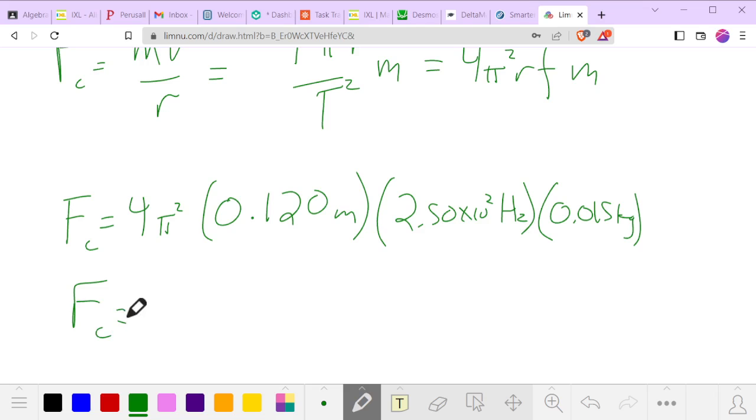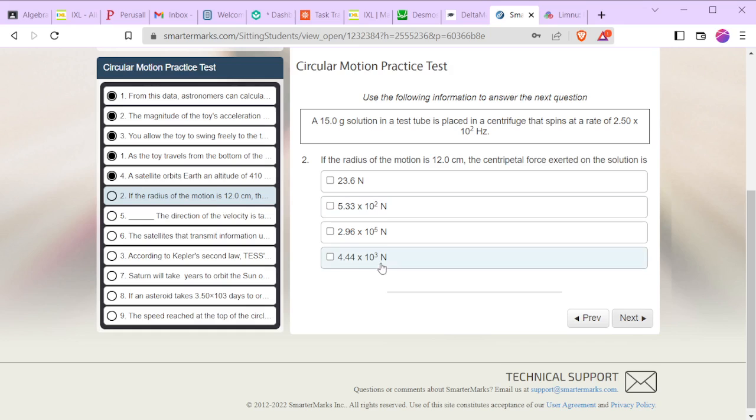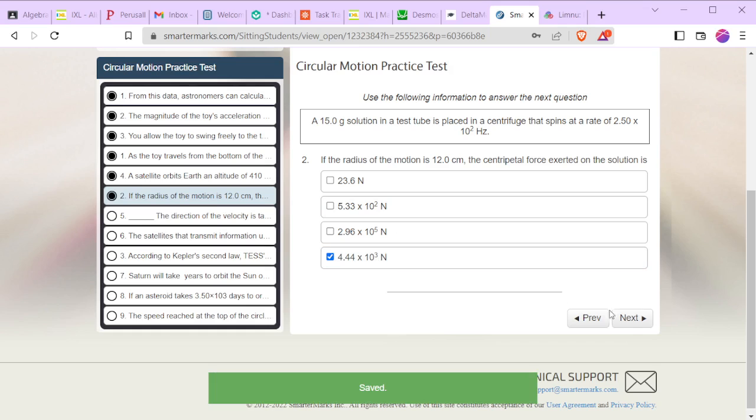So 4 pi squared times 0.12, and that's going to be 250. Oh, and I forgot to square the frequency in the calculator. So almost messed that one up. But I'm getting the 4.44 times 10 to the 3, which is option D.